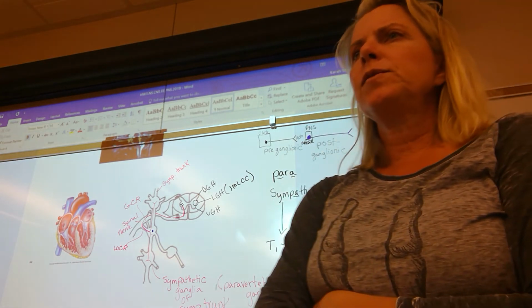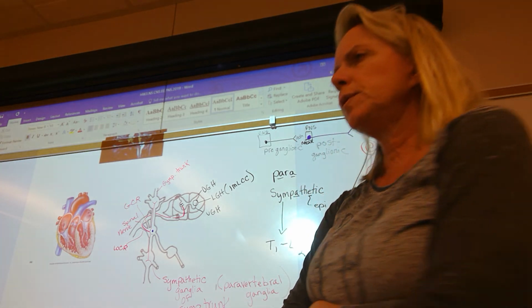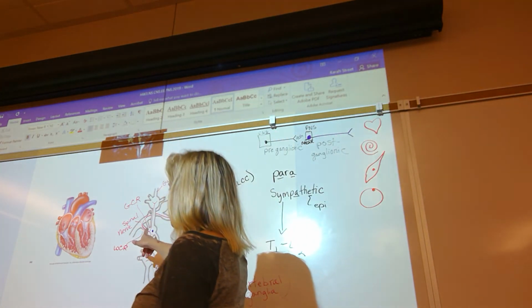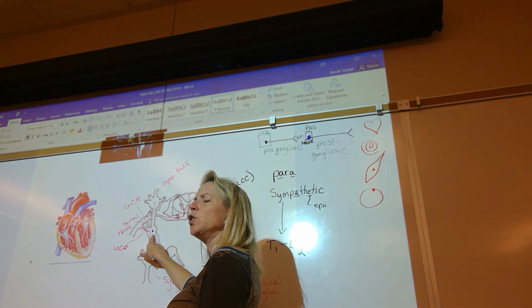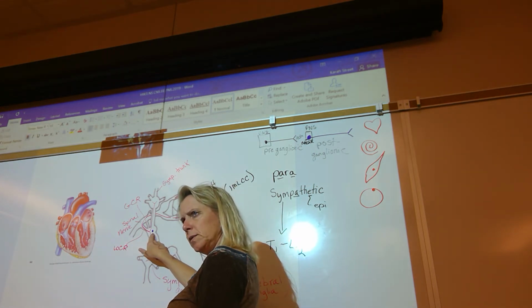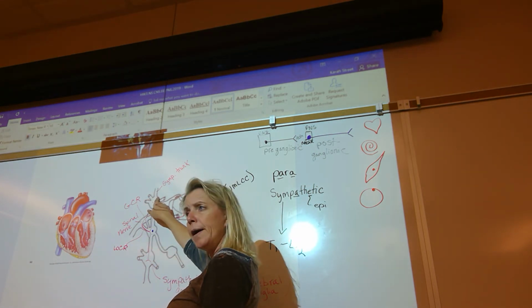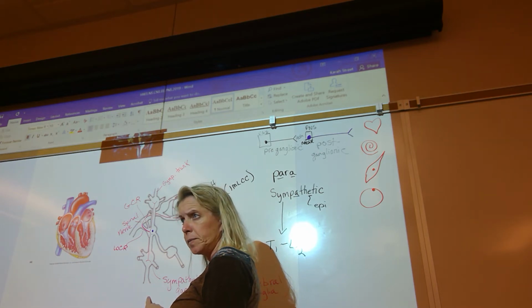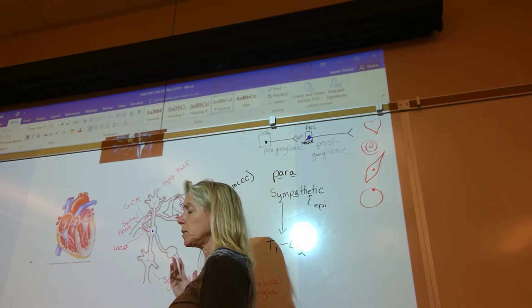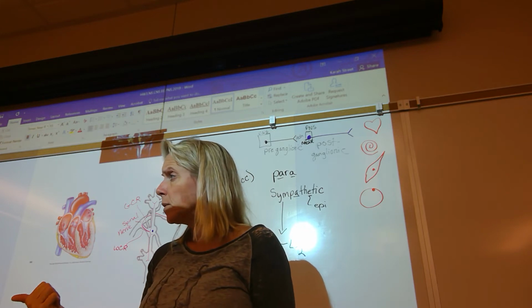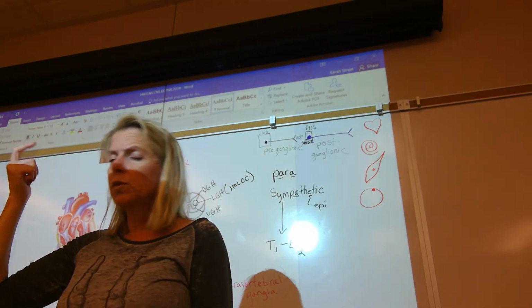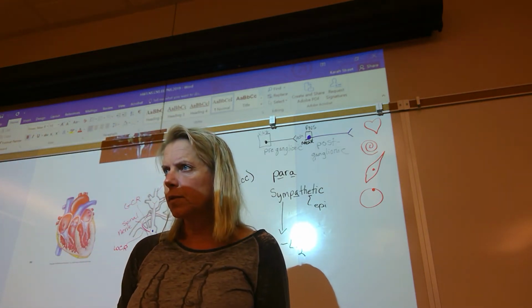That is the only place to find an entrance to the sympathetic trunk. Once you're in the sympathetic trunk, you can synapse at that level, or you can go up higher or down lower. Those are the options. Synapse at level, go higher and synapse, go lower and synapse.